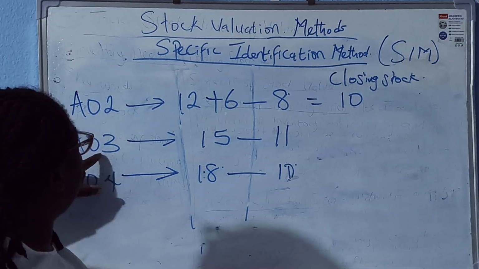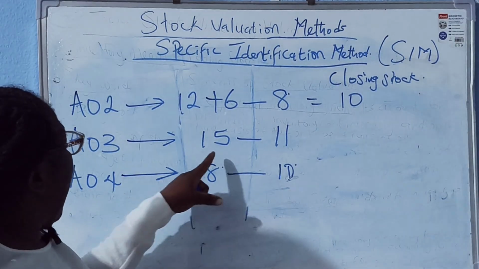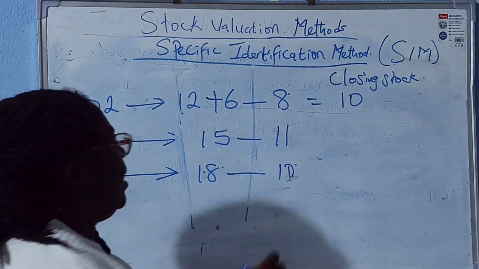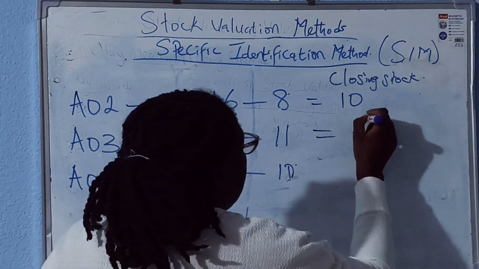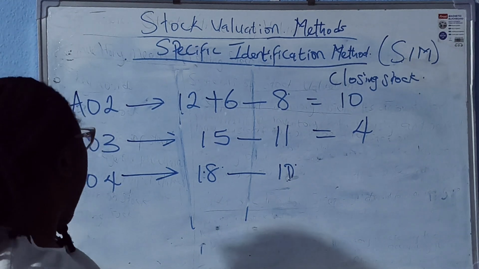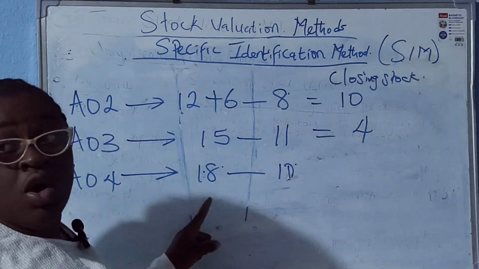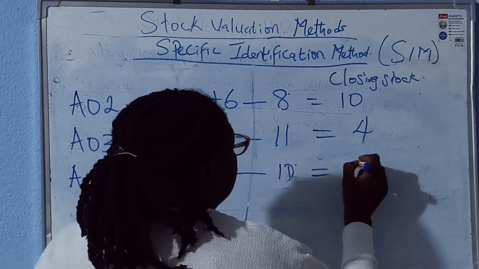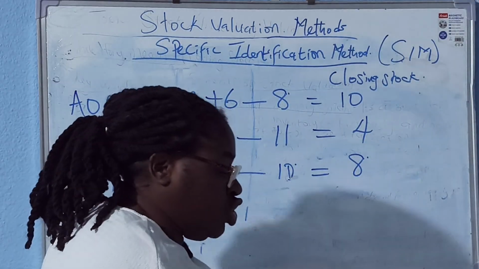Then for the A03 model, we add 15, then we take out 11. Then our closing stock here will be 4 units. And then for the A04 model, we add 18, and then we sold 10. Our closing stock will be 8 units.